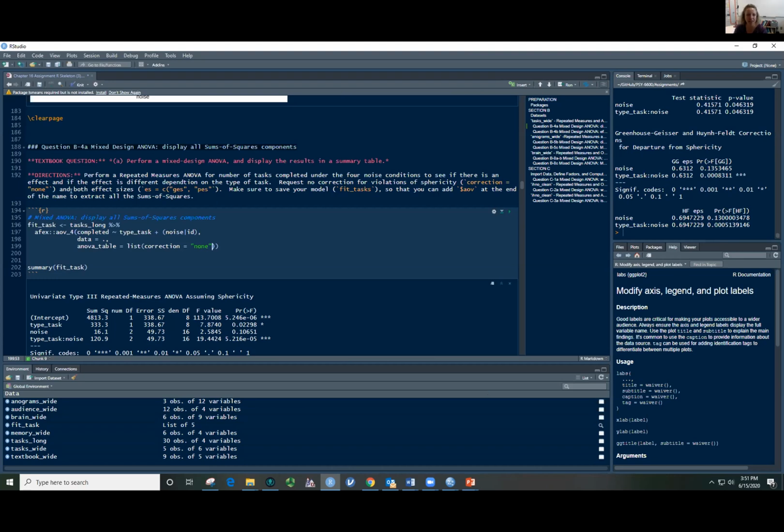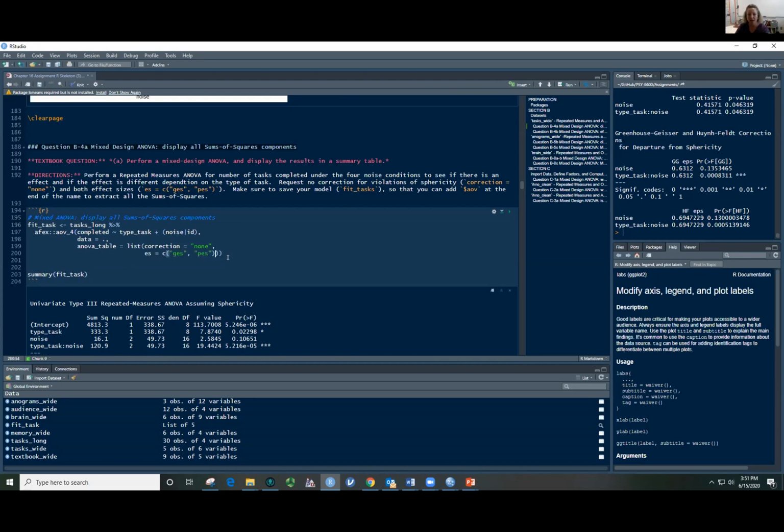And the second thing, it's missing a close parenthesis, but we're going to request both effect sizes, the generalized and the partial effect size. So after you say correction equals none, after the quotes do comma, enter, es for effect size equals concatenate the generalized effect size and the partial effect size. We want both of them to be outputted.